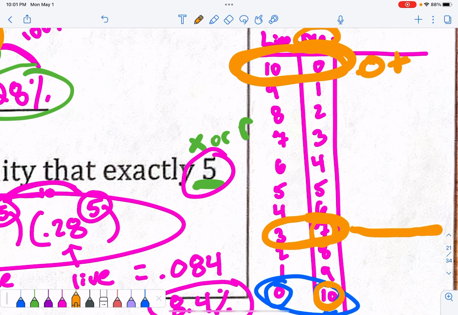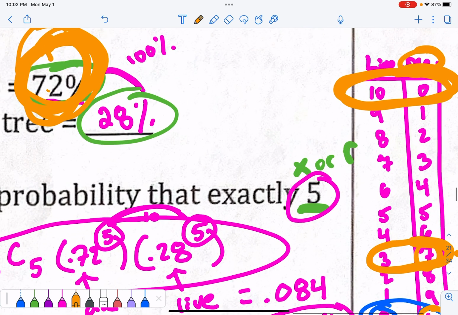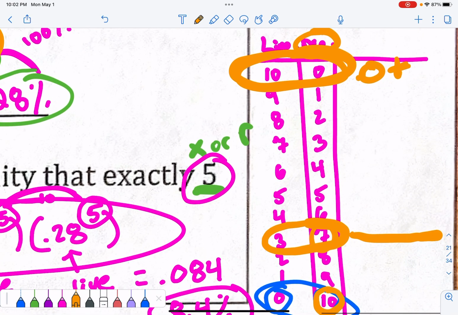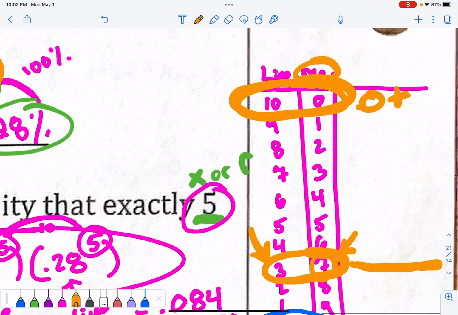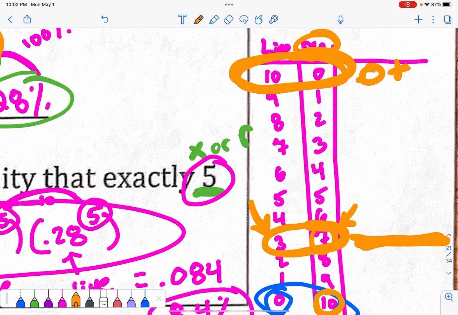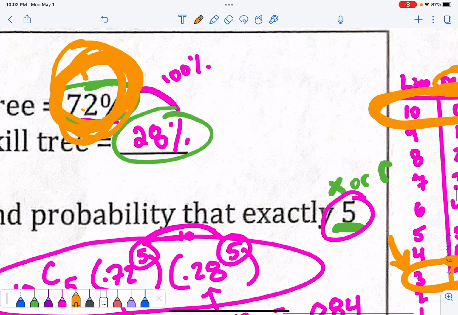This is probably going to have the highest percentage here because that is the closest to a 72 die rate and a 28 live rate. 70% versus 30% is pretty close to a 72-28 split. So this percentage is going to be the highest. That's going to happen the most frequently, 7 die and 3 live, because that's according to my rate.